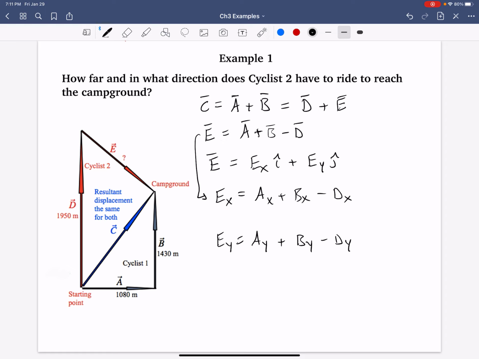Okay, and now it's time to plug in some numbers. So AX, right here, do we have that number? Yes, we do. The x component of vector A is completely in the x direction. I just realized, I keep saying x and y, but really, this picture here does not specify x and y.